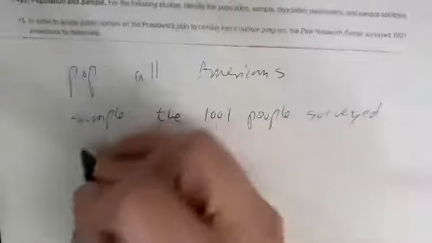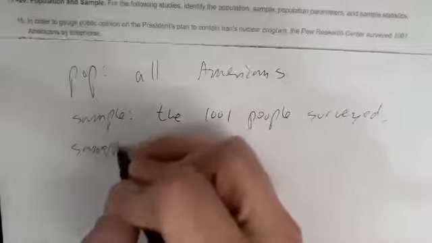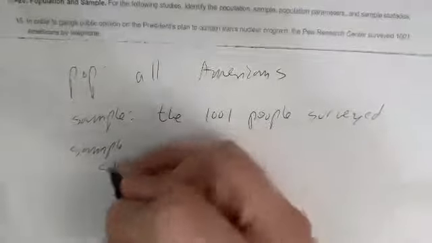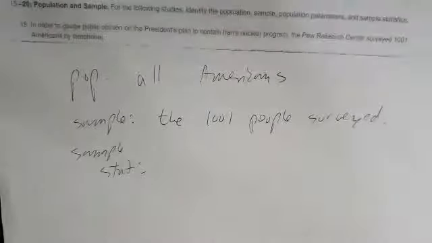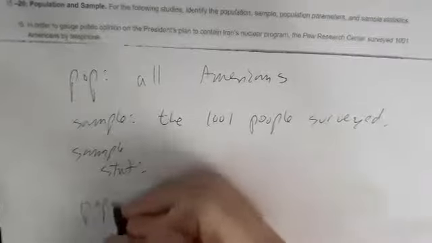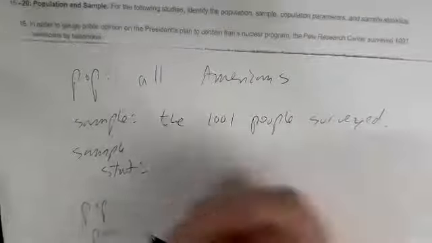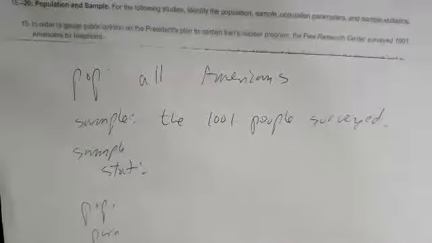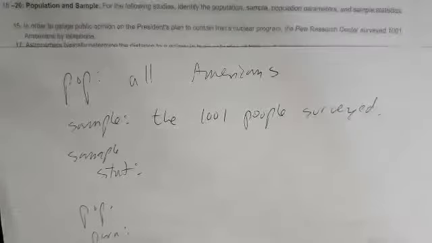And let's do sample statistic. So then what's my sample statistic? What are they doing? What are they trying to get at here? The public opinion on the president's plan to contain Iran's nuclear program. Yeah, they're trying to get the public opinion on the nuclear program. So this is the public opinion.